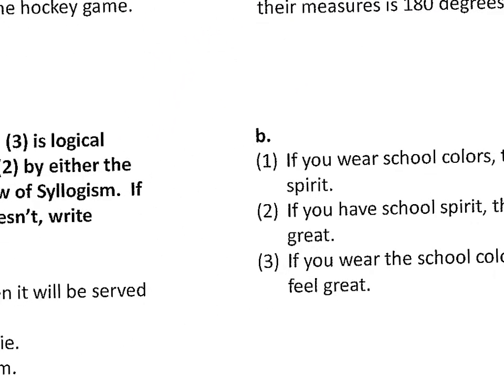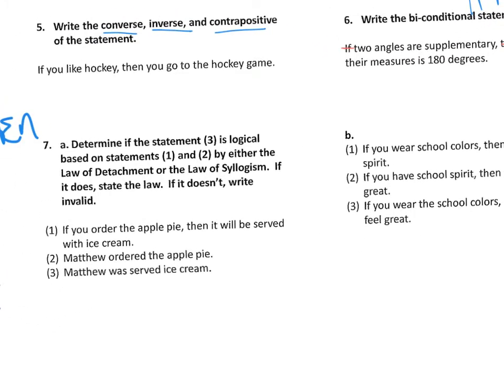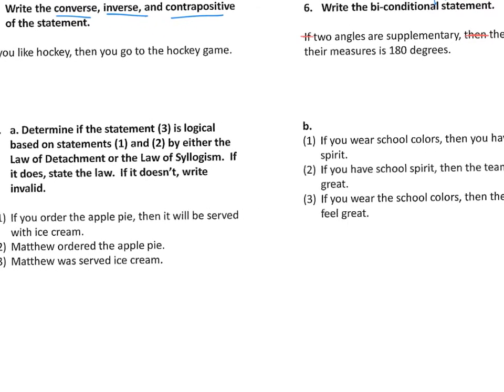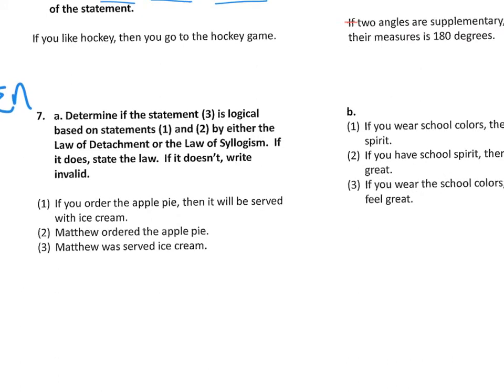And zoom out here a little bit. Okay, 7. Okay, 7, we've got a few different parts here. Okay? So we'll get to this here. So 7a, determine if the statement is logical based on statements 1 and 2, by either the law of detachment or syllogism.